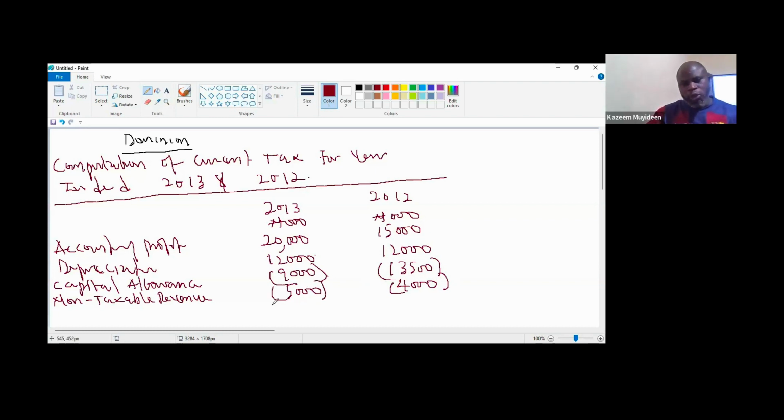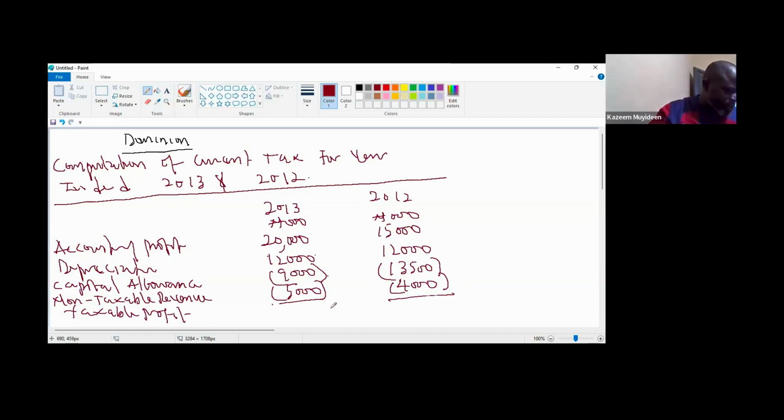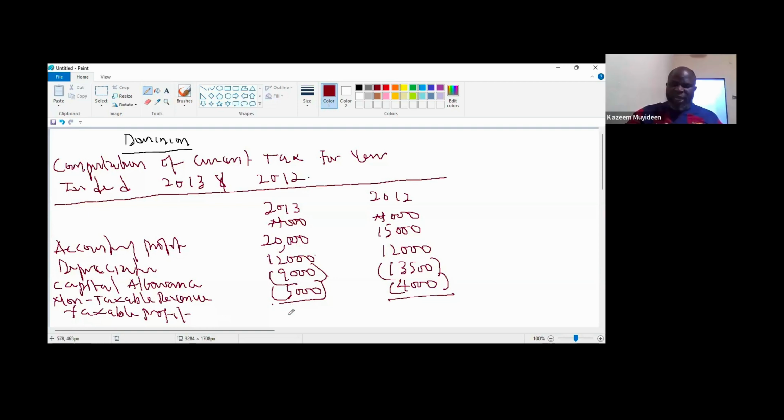So this will give me, but there's a tax loss, taxable profit. For me, 18,000 for 2013. 2013 is 18,000.